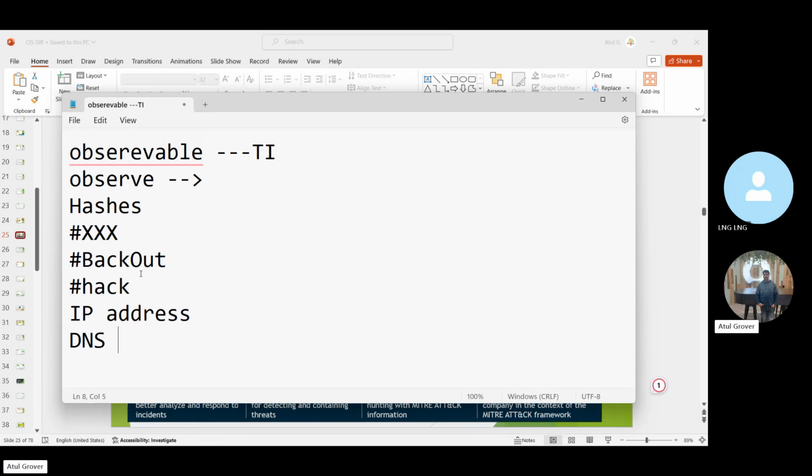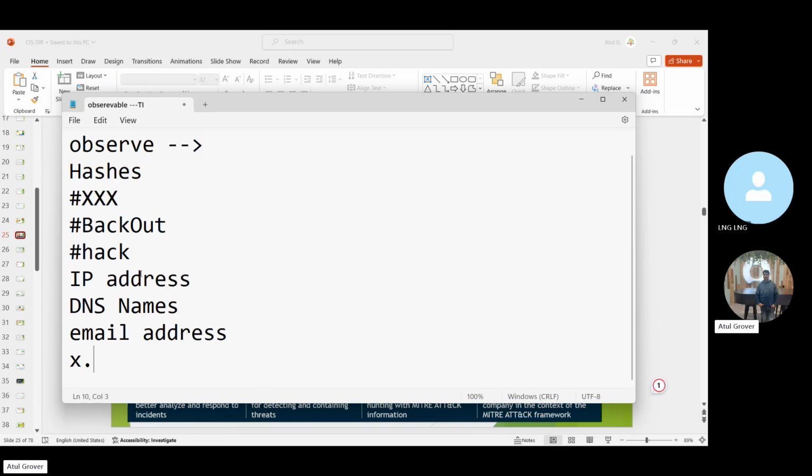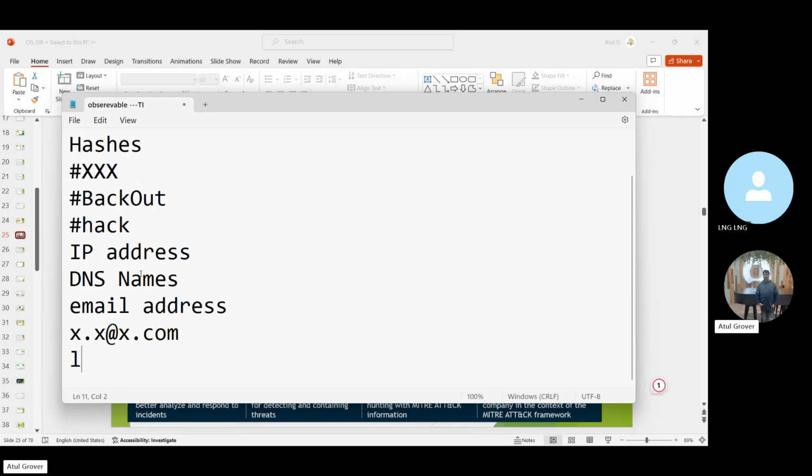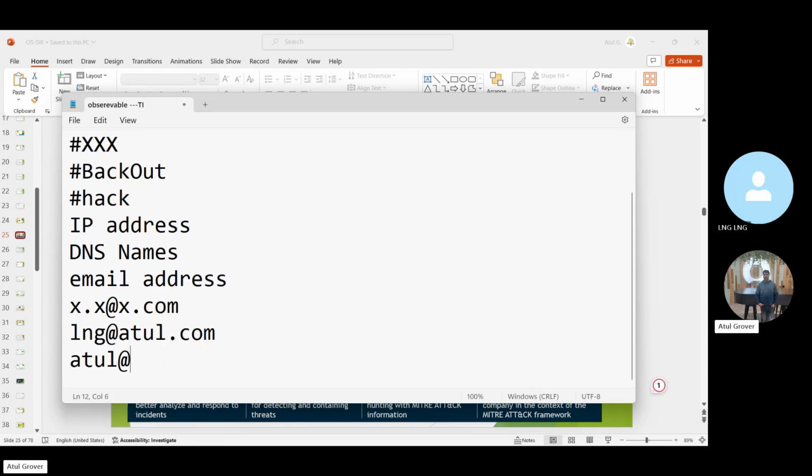Third, the DNS names which we observe. And the fourth, the email address. x.x@x.com looks like a suspected one. But lng@atul.com is still valid, or atul@gmail.com you can say is still good.